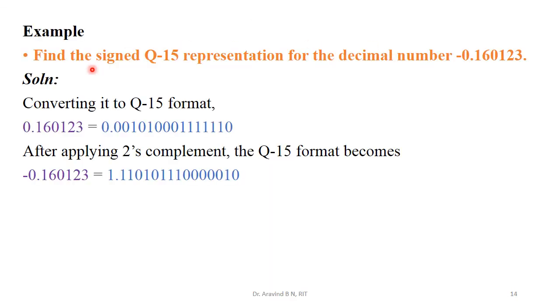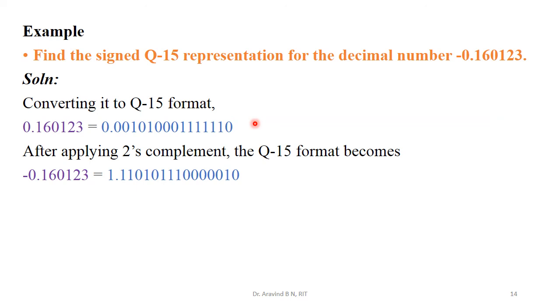Now let us go through one more example. Find the signed Q15 representation for the decimal number minus 0.160123. We are going to calculate a negative number. Just now we calculated a positive value.